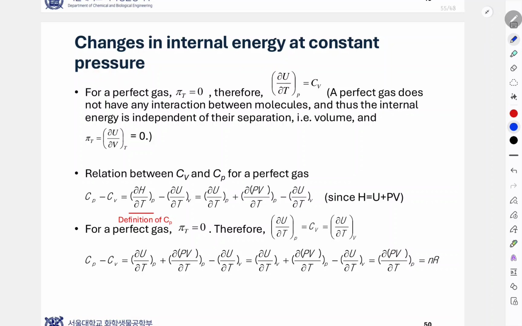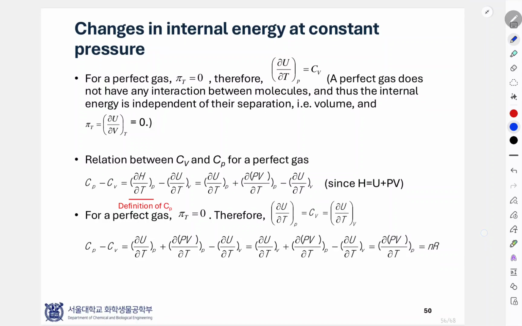And let's talk about the change in internal energy at constant pressure for a perfect gas here. For a perfect gas, the internal pressure is zero, as we studied, because the perfect gas does not have molecular interaction, so the internal energy is independent of their separation.